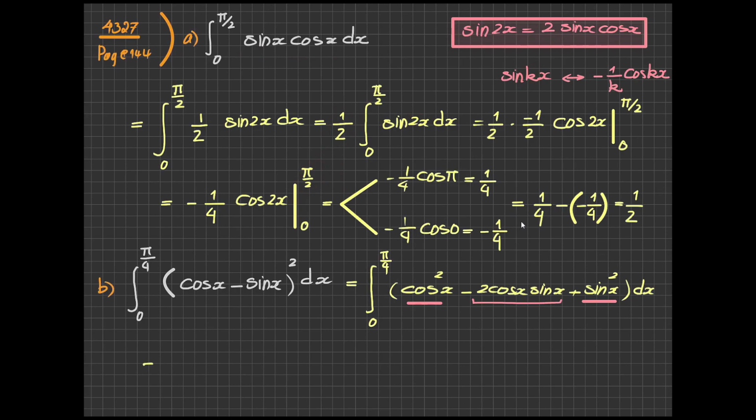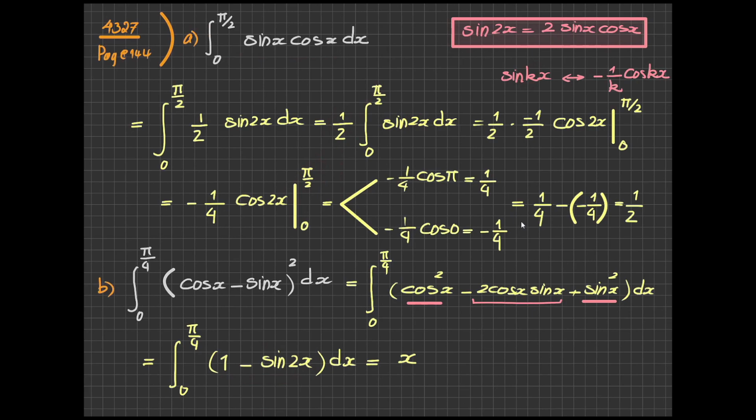So I use my formulas here. This becomes equal to the integral from 0 to pi over 4 of 1 minus sine 2x. But if you want to find this integral, you need to ask yourself about the primitive function. Of course, this is easy. The primitive function for 1 is simply x.